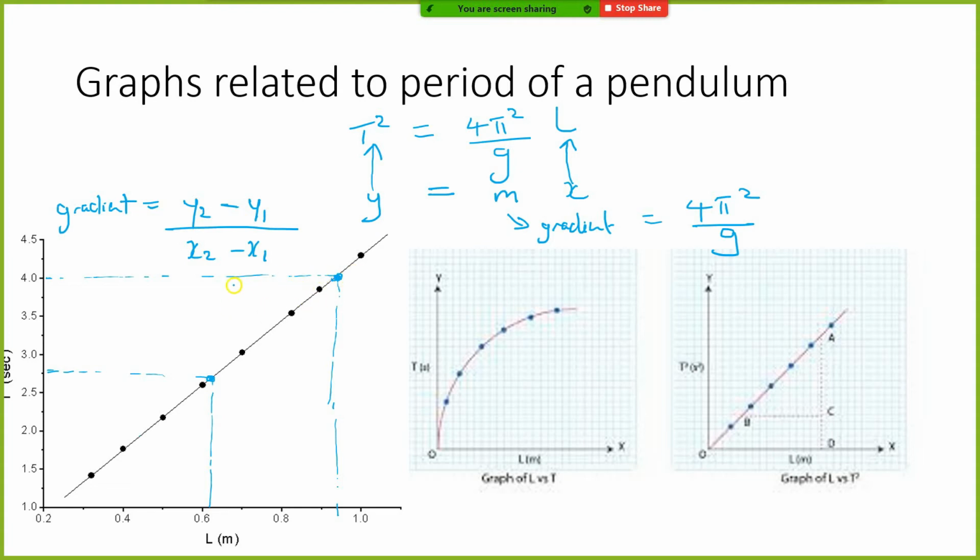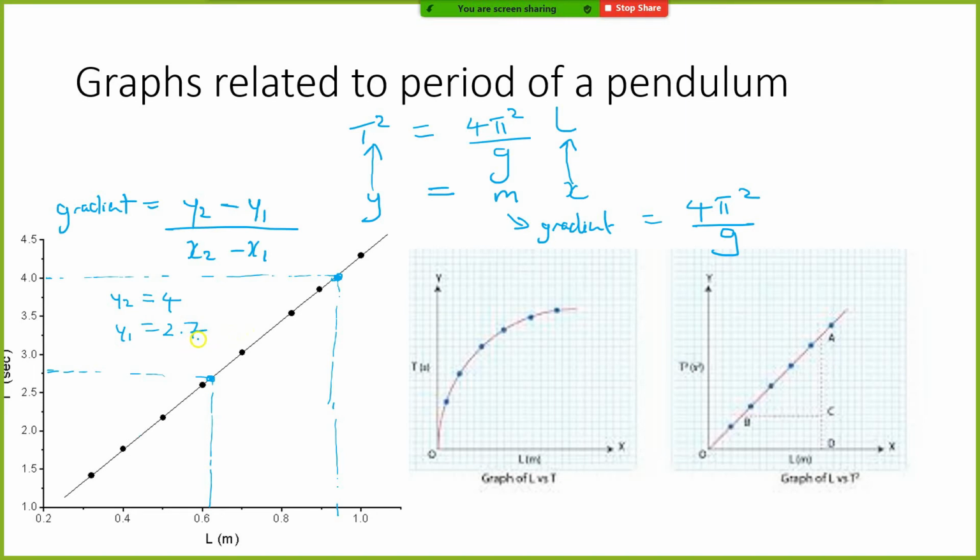I'm just saying that this is the T, which is my y2. My y2 value is going to be 4. Then my y1 is going to be, let's just say, 2.7. I'm just estimating that 2.7.